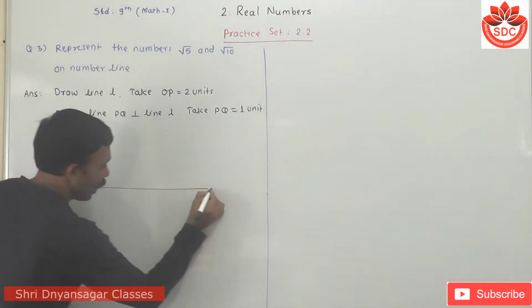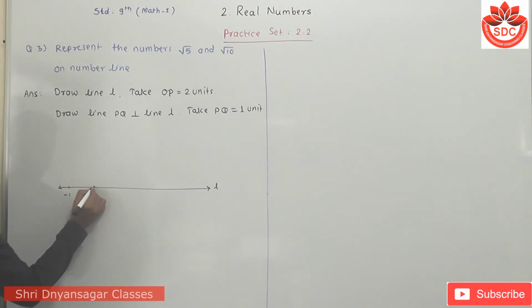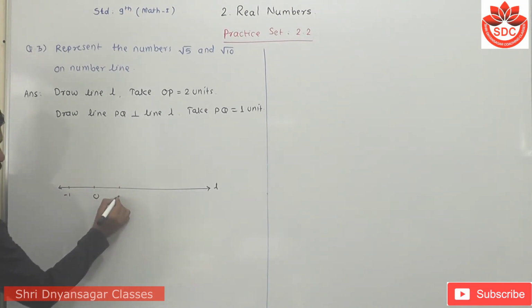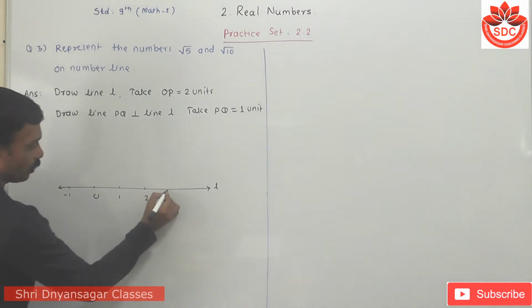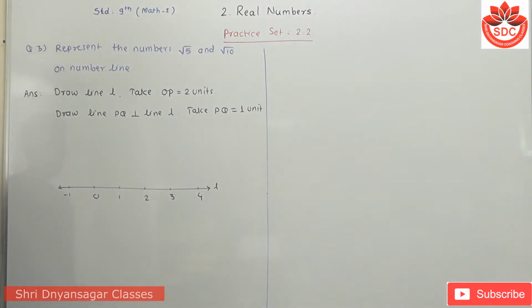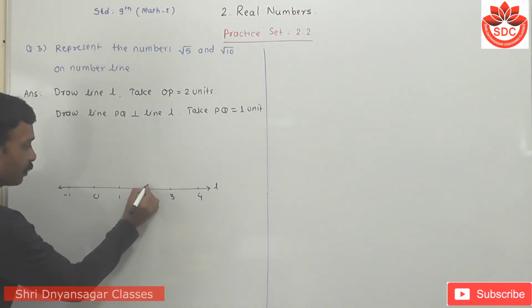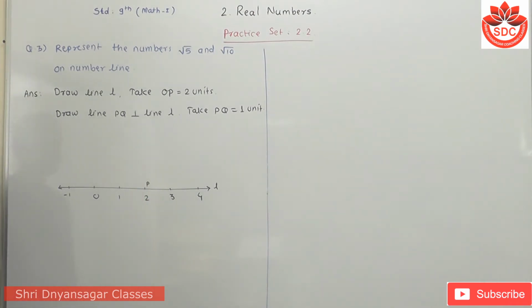Suppose that this is the line L. On this line there are points. Suppose here is -1, here is 0, here is 1, 2, 3, 4 units. We have to take here OP as 2 units distance, means that here is the point P. Now this is the point O having coordinate 0.